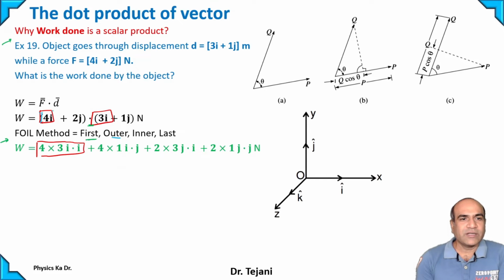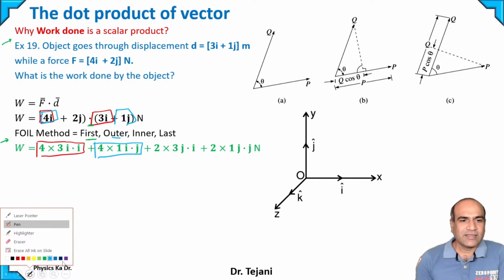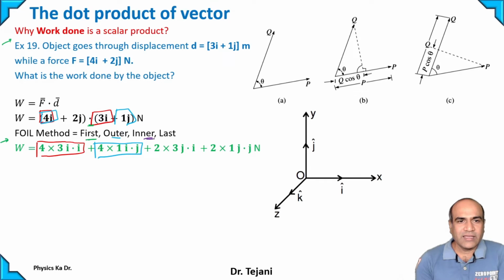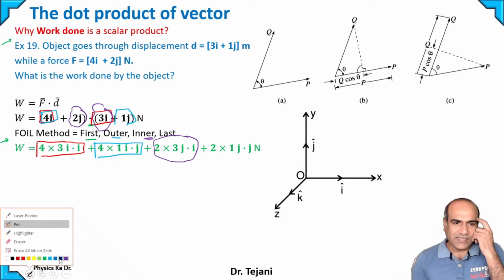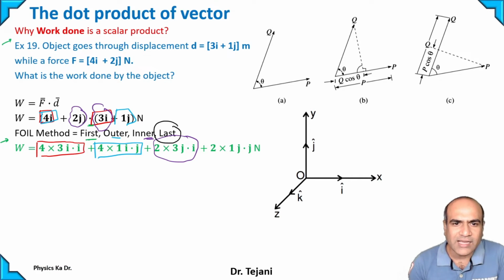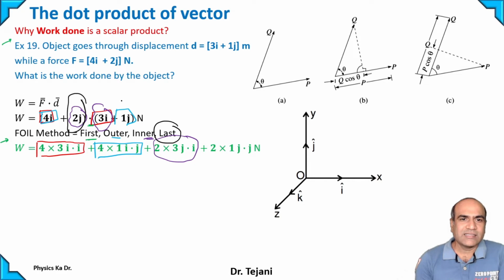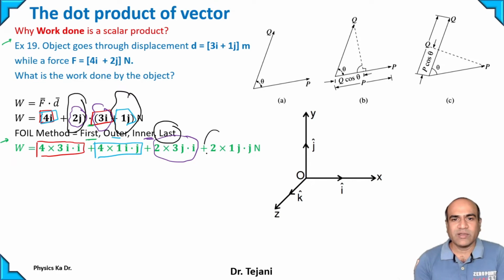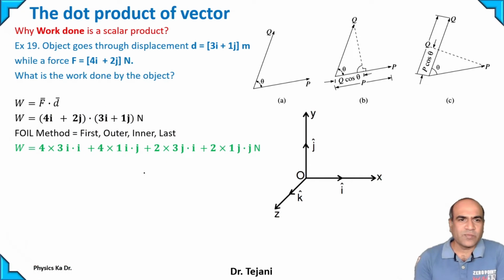So this is outer multiplied by outer, that gives this solution. Then inner, so inner multiplied by inner. And the last, so this is last. We know this method, we had this method previously also.